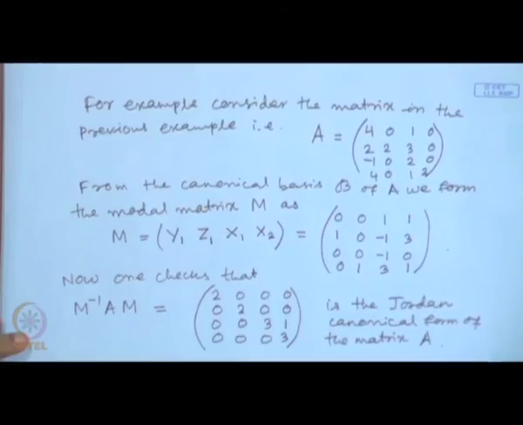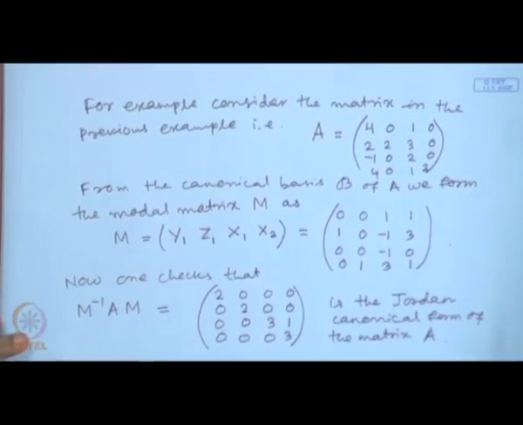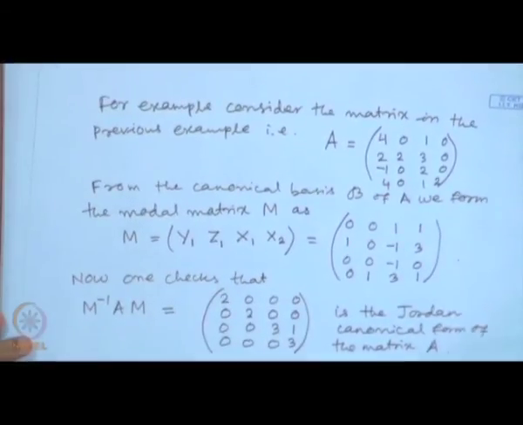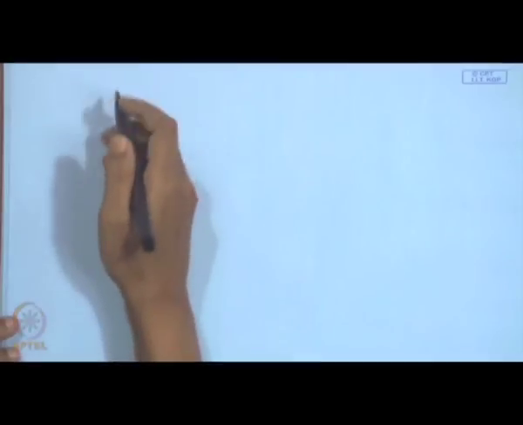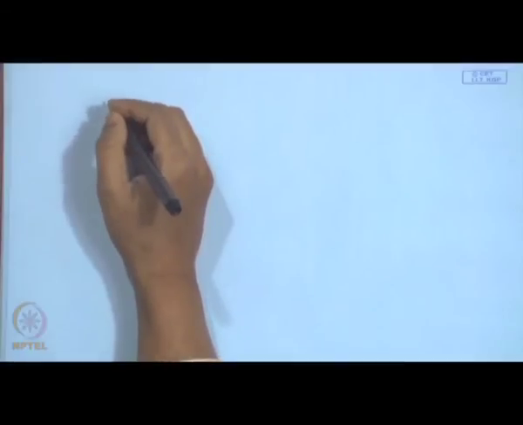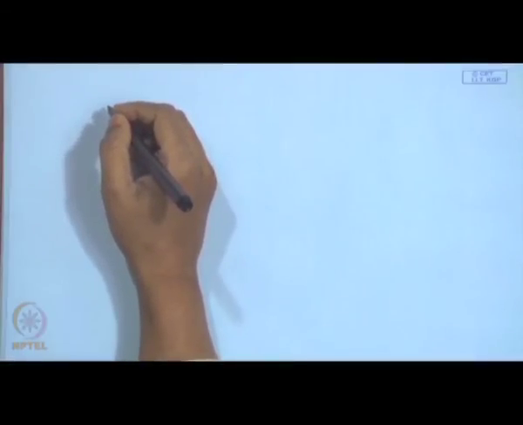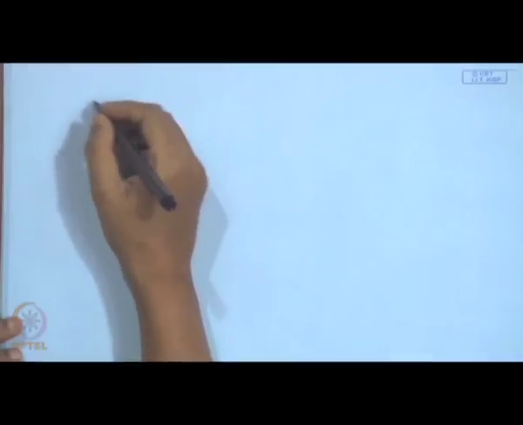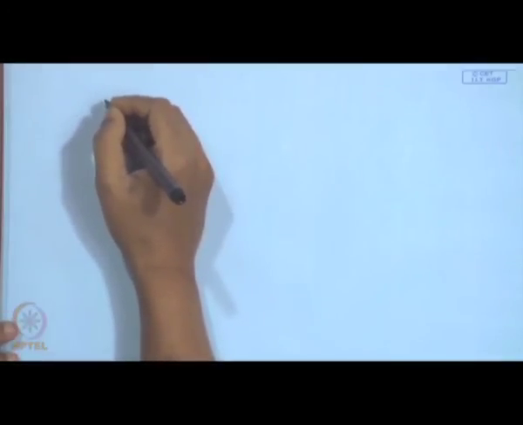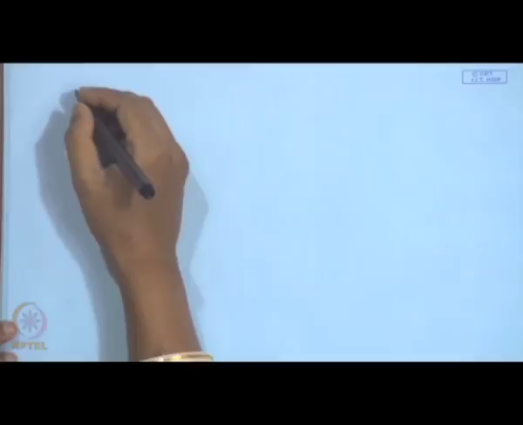So, here we have shown that every square matrix is similar to a nearly diagonal matrix, or a matrix in Jordan canonical form. So, next we will discuss an important theorem of linear algebra, and in particular an important theorem of matrix theory, to complete this vector space part.